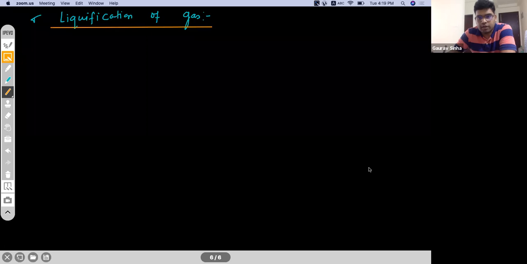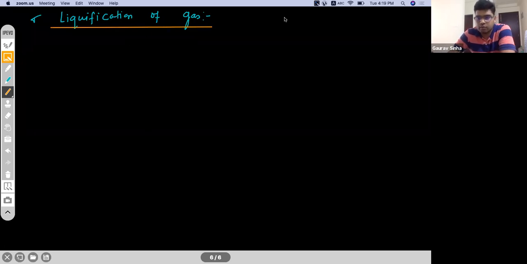Conversion to liquid. Yeah. So liquefaction of gas is nothing but the conversion of gas into liquid. So we need to focus on this. How do we convert gas into liquid?